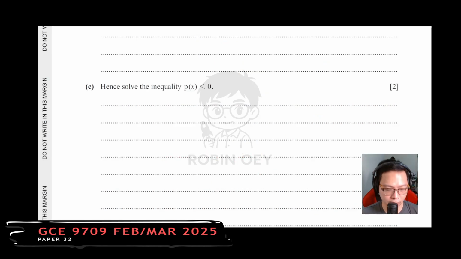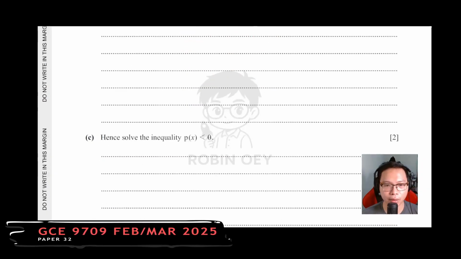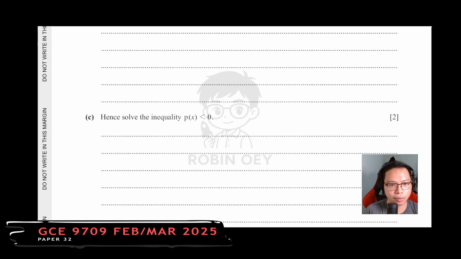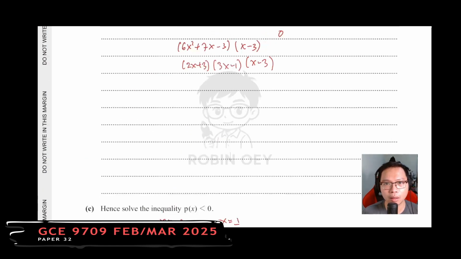Next we have C. Solve the inequality p(x) less than 0. So we have x equals negative 3 over 2, x equals 1 over 3, and x equals 3.